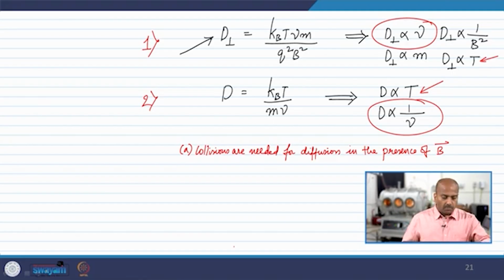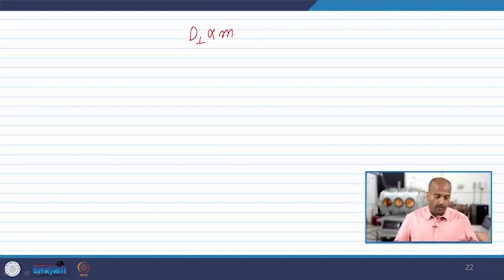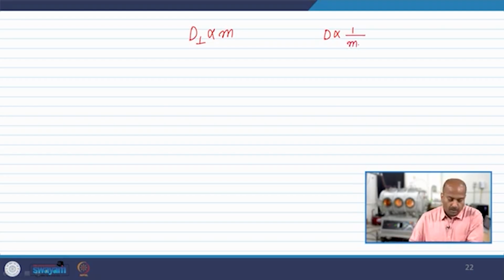Now, if you talk about mass, we know that D perpendicular is proportional to m. Whereas D is proportional to 1 by m, but we know that the collisional frequency is proportional to 1 by square root of m.